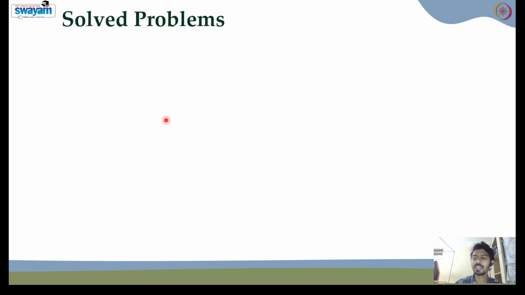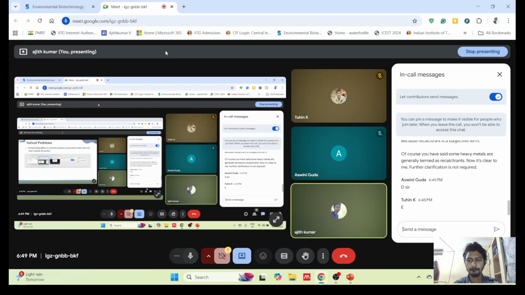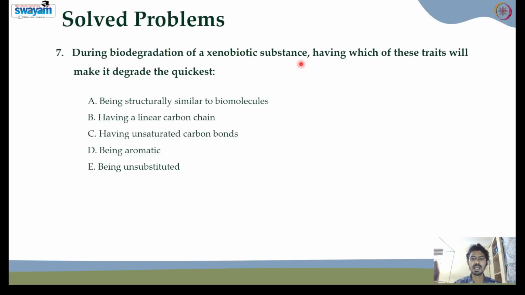So we will move on to the next question. During biodegradation of a xenobiotic substance, having which of these traits will make it degrade the quickest? So here the question is you have to degrade a xenobiotic substance. What trait or character will make it degrade the quickest?